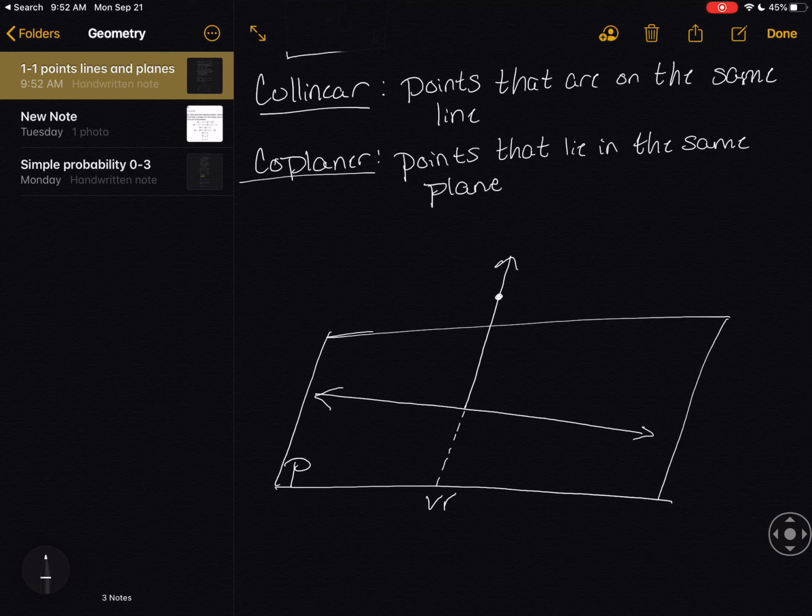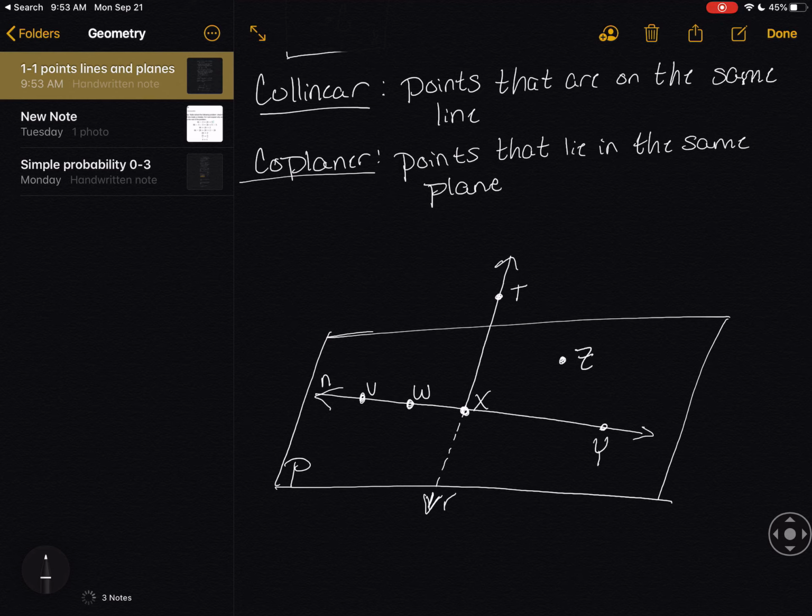Label that R. Put Z there, Y, make that X, make this W, make this B, and then I'm going to put N down there. That's just representing that this is line N, and this would be line R.